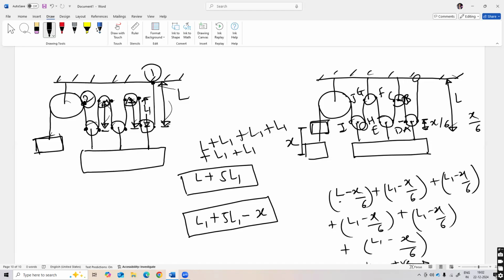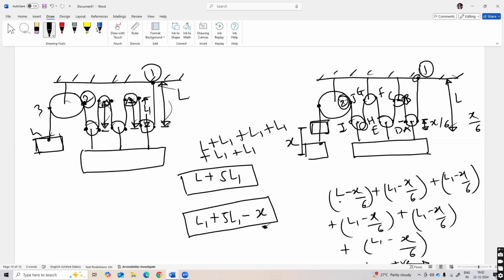If there is some initial length of that rope, the total length will, of course, remain constant. So if the distance of rope from 1 to 2 has reduced by distance X, it will get added. Let's say this was 3 to 4, so it will get added into 3 to 4.